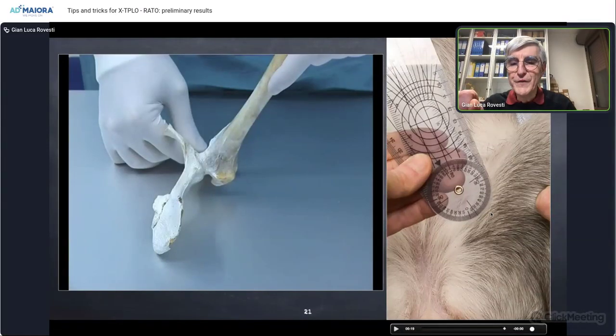So when I feel the reduction, I will measure the reduction angle, okay? When I feel the adduction subluxation, there I measure the subluxation angle. Very straightforward.